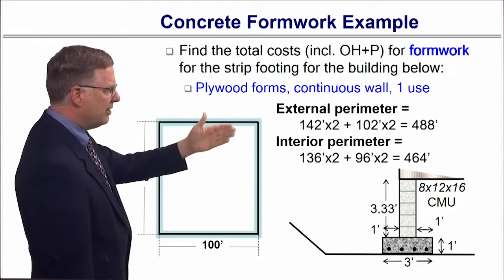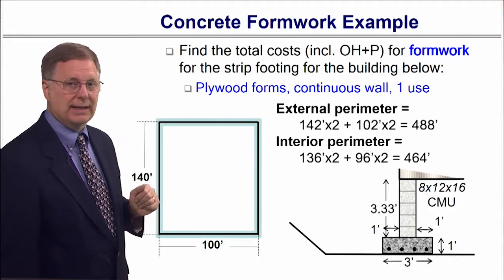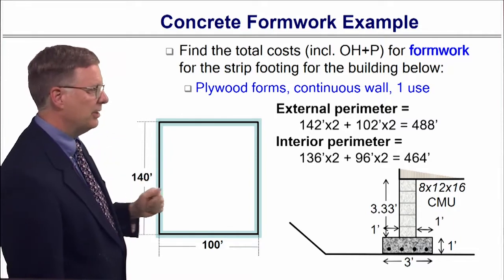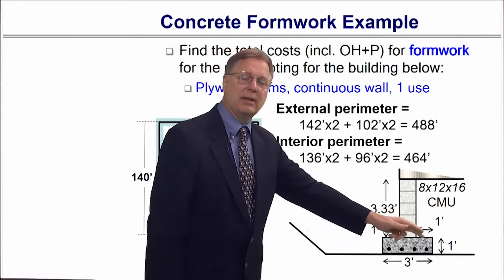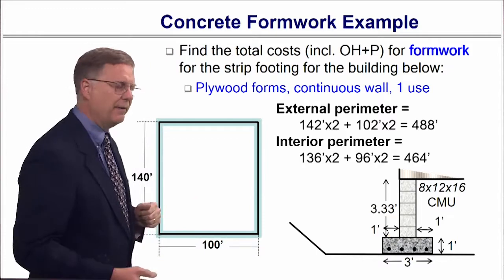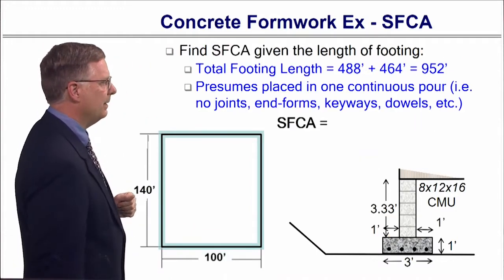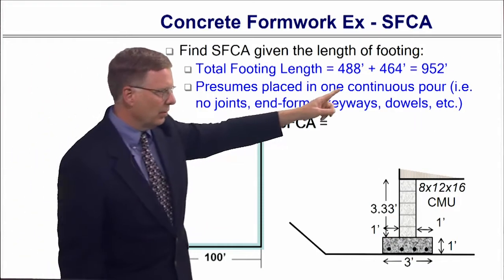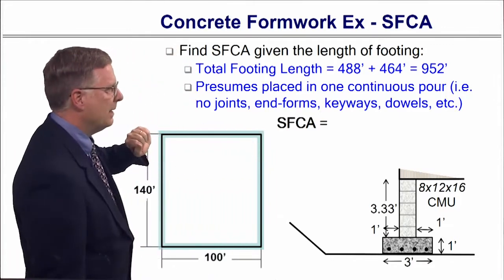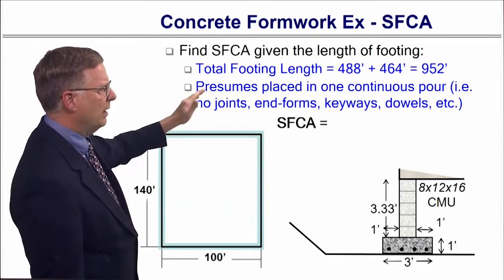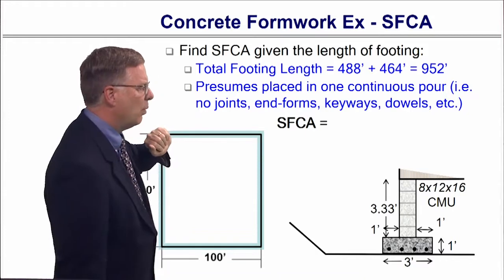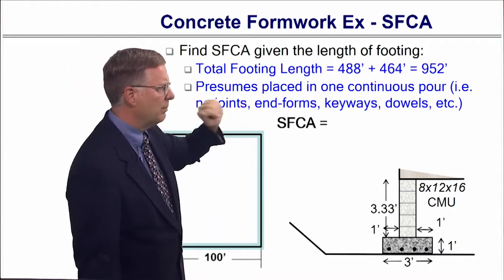So that's the total number of linear feet of footing formwork that I need to place. So I've got to place formwork on the outside, I've got to place formwork on the inside. The total linear feet is going to be that. So there's the total linear feet, right? Now we're going to place one continuous pour, no joints, end forms, keyways.